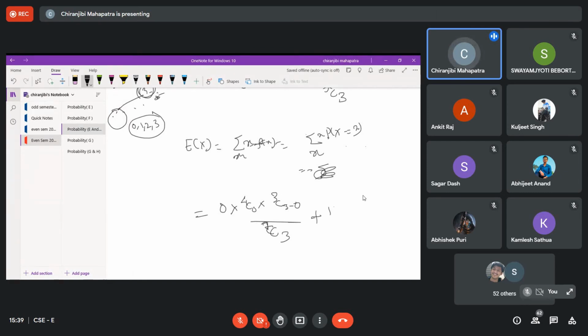Plus 1 into 4C1 into 3C2 divided by 7C3, like this for 0, 1, 2.